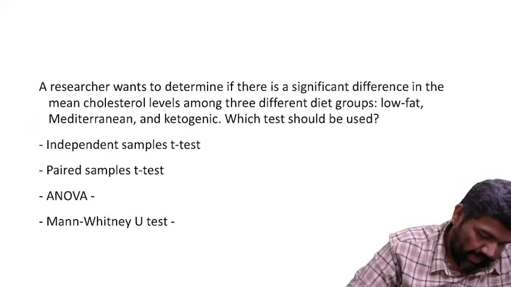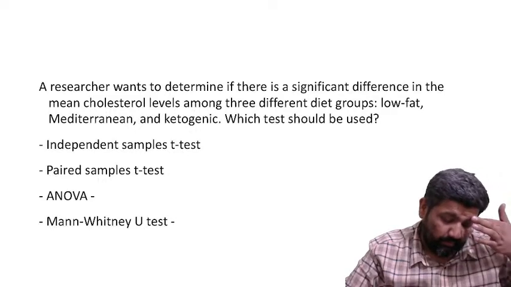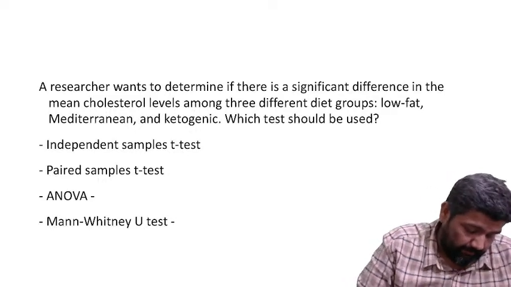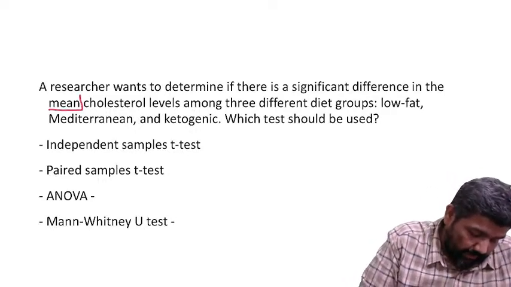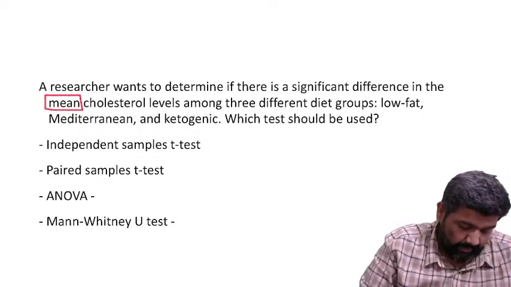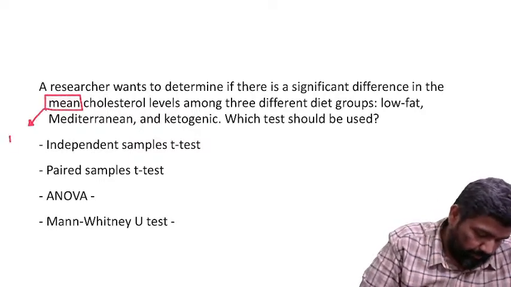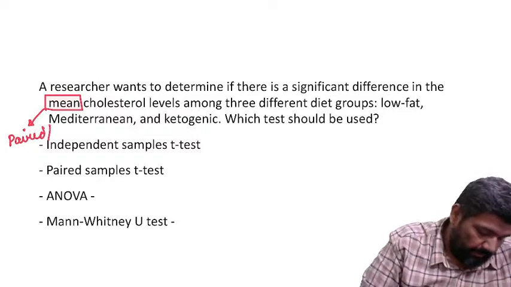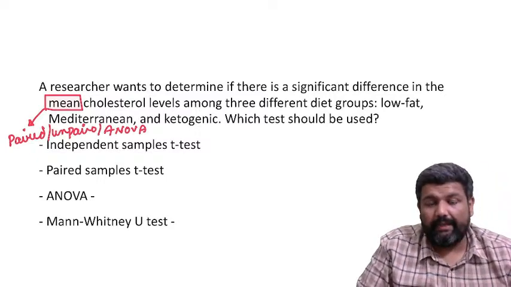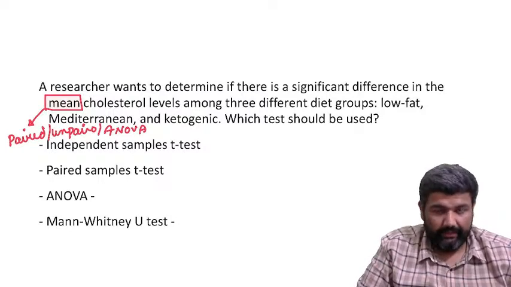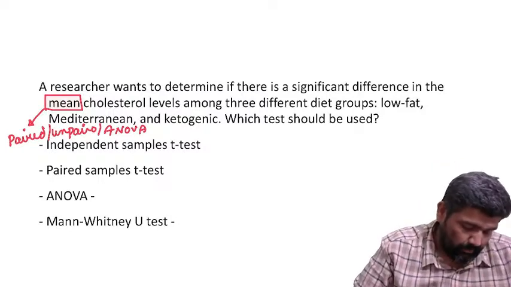Right. Now a researcher wants to determine there is a significant difference in mean cholesterol. Guys, mean is there, so it is going to be paired t-test or unpaired t-test or ANOVA. There are 3 tests for mean, right?